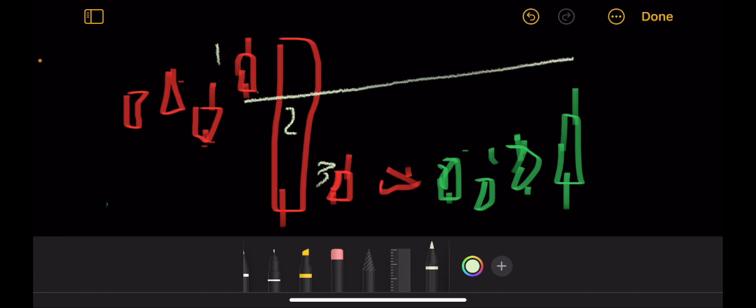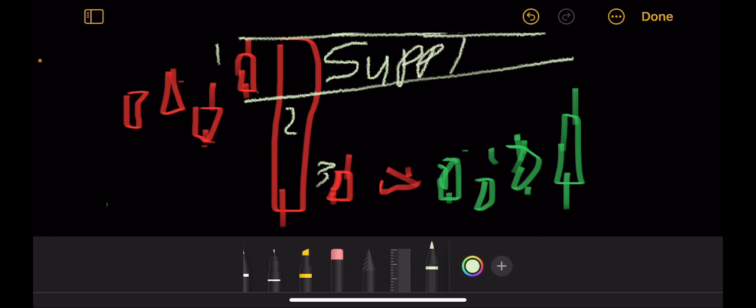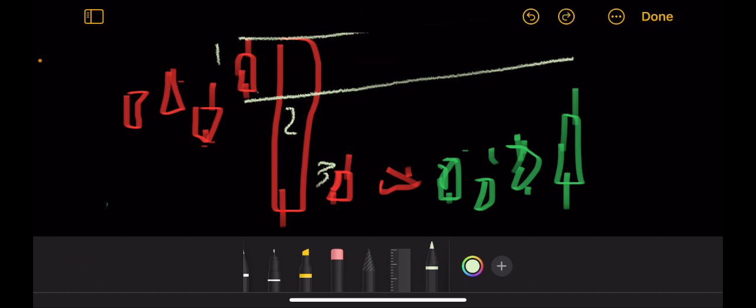Take the top of that, bottom of that wick, top of that wick, and they give you this area of order block, or if it's at the top, what do we call it? Supply. So this is a supply area or order block.